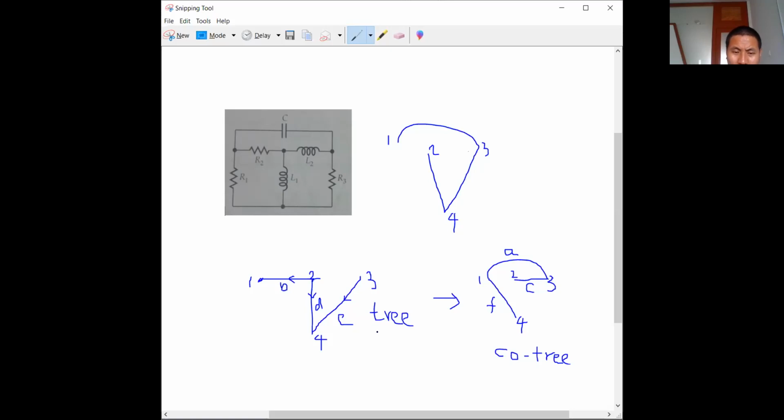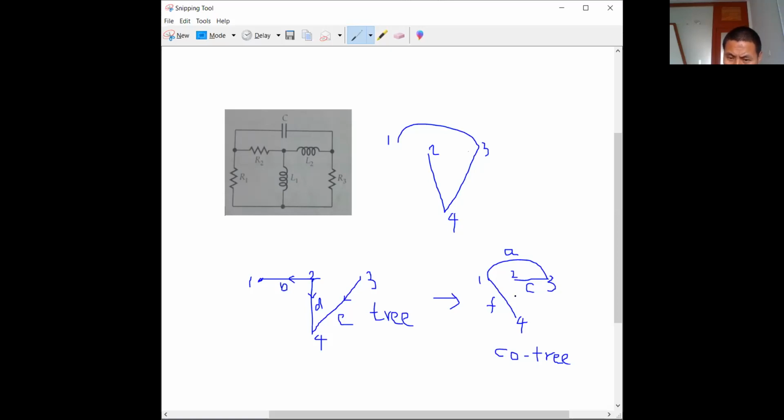Now we have formed the tree, and for this tree we haven't used branches A, C and F. If we connect branches A, C and F, it again connects all the nodes. Node 1 is connected, node 2 is connected, node 3 is connected, node 4 is also connected.